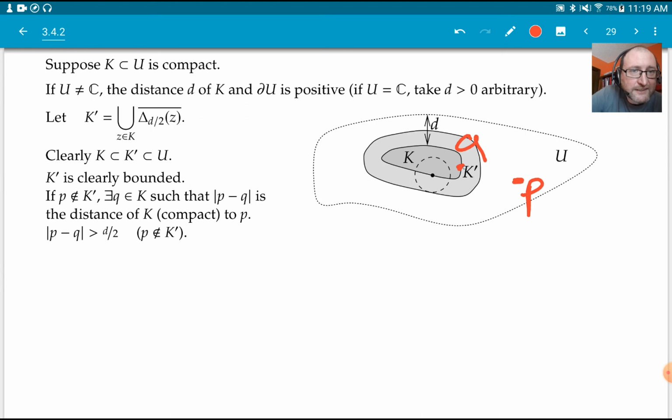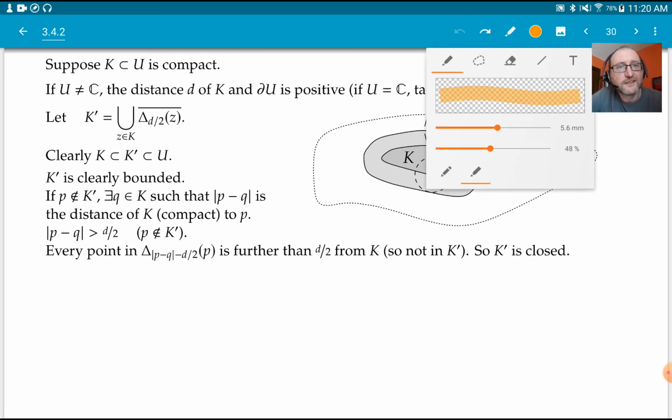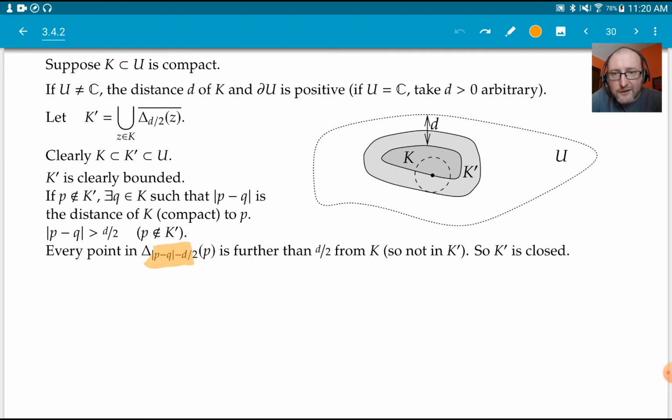This distance is d over 2, and this is definitely further out. If it was less than or equal to d over 2, it would be in K prime by definition. So therefore, |p minus q| minus d over 2, this guy over here, is a positive number.